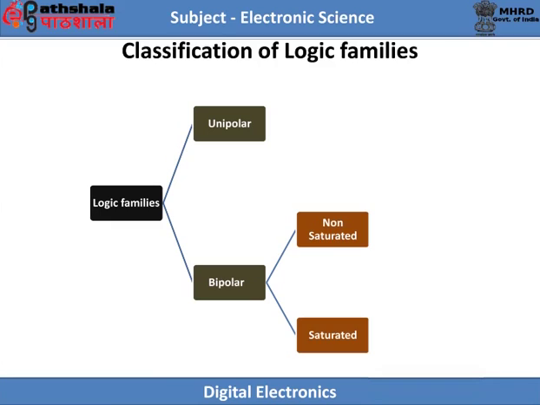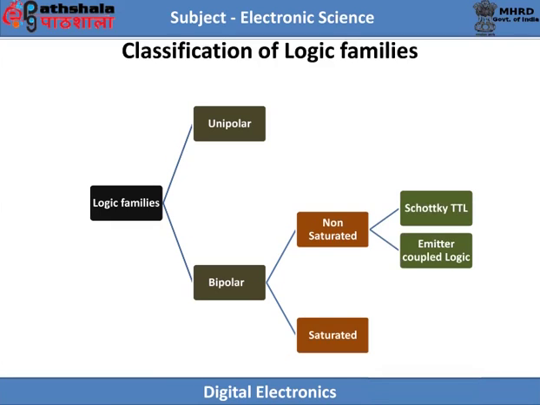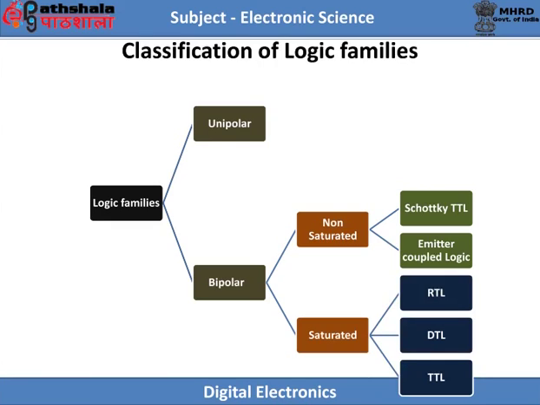In the non-saturated, they are further classified as emitter coupled logic and Schottky TTL, while in saturated, they are classified as diode logic, that is DL, resistor transistor logic, that is RTL, and diode transistor logic, that is DTL.